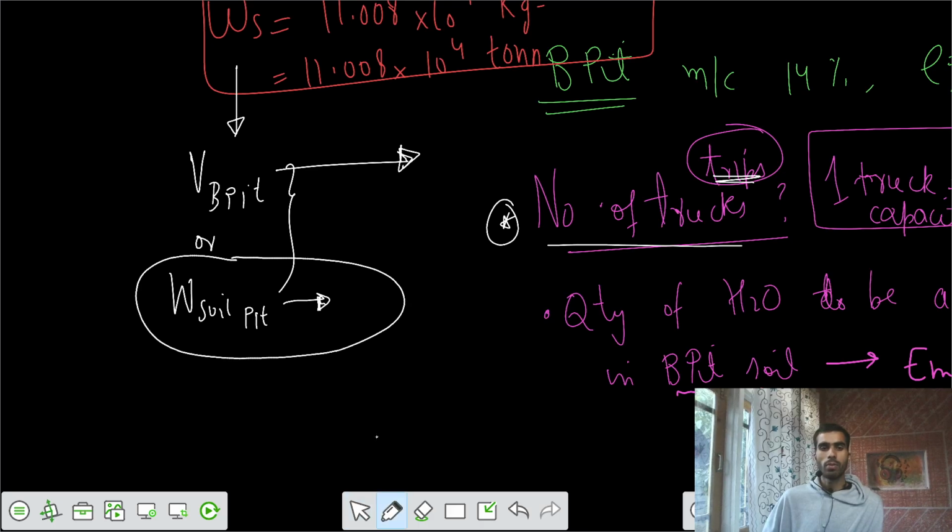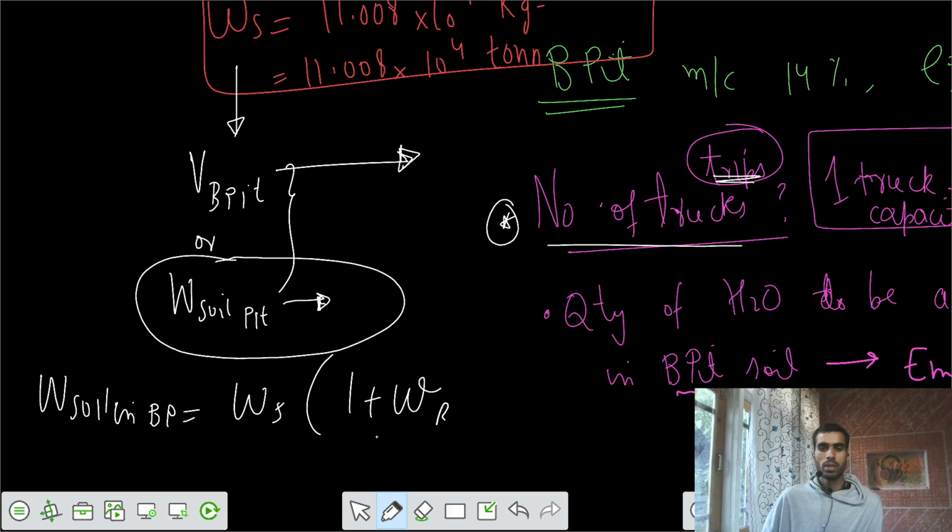The weight of the soil in the borrow pit is equal to the weight of the solids times 1 plus the water content in the borrow pit.